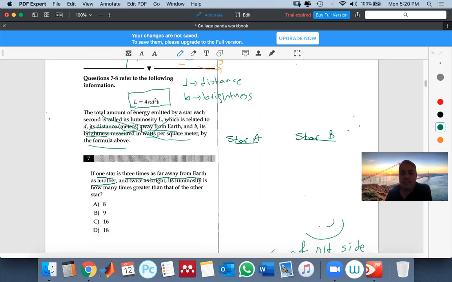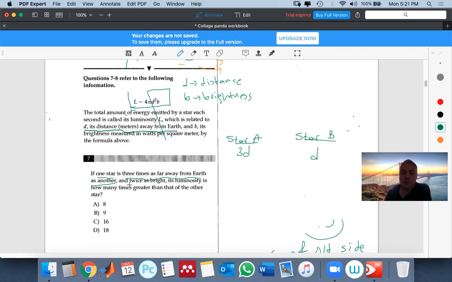Look, D is the distance away from the earth. So I can say that one star is 3 times. If I call this simple D, the other is 3 times D. Read the definition again. What does D mean?